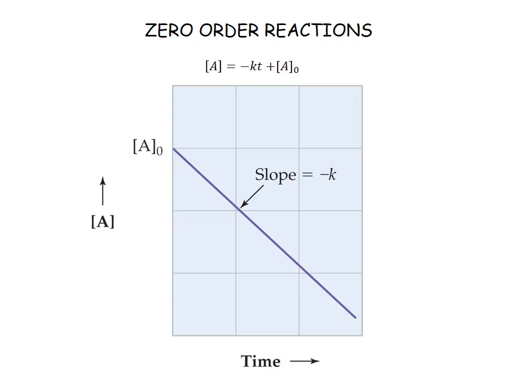If we plot concentration of A along the y-axis and time, lowercase t, along the x-axis, you get a straight line if it's a zero order reaction, and the slope is equal to negative k. The y-intercept is equal to the initial concentration of reactant A. That's what the sub-zero means: at time 0, what was the initial concentration of A?